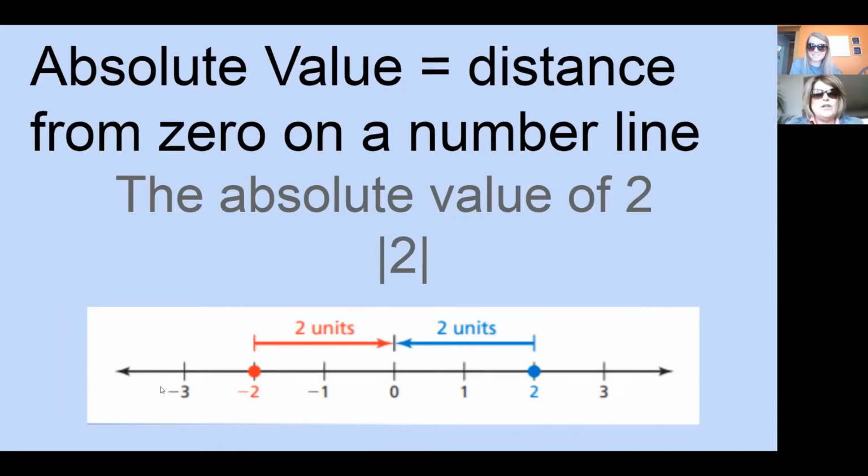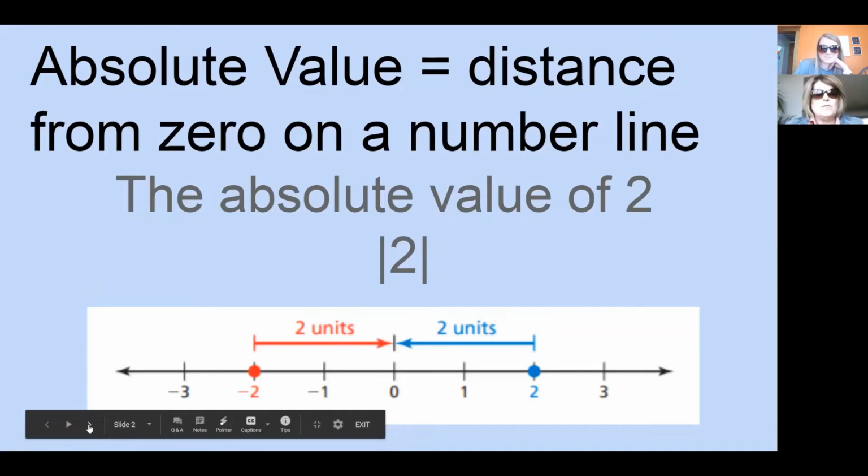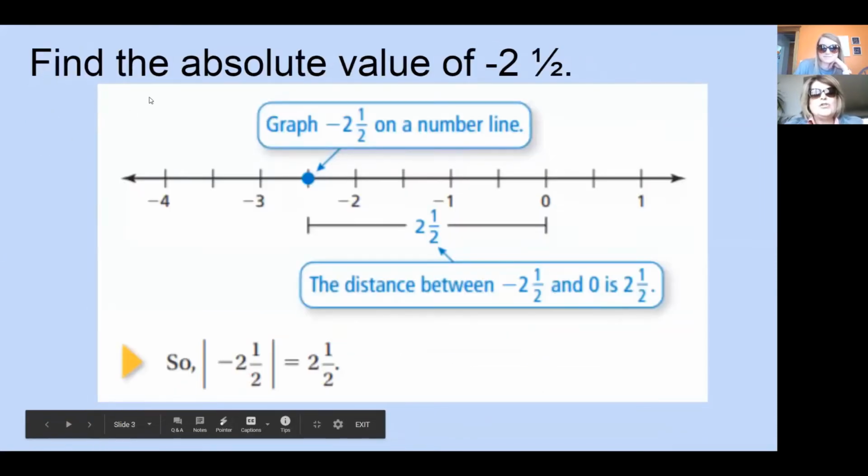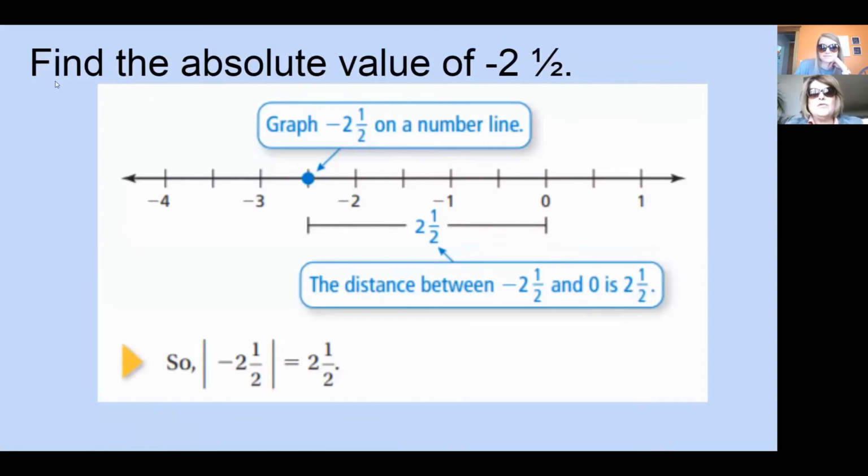Let's try it with another problem because that almost seems too easy. Here I have a number line and the problem says find the absolute value of a negative 2.5. I am putting my cursor at 0, and I'm graphing a negative 2.5, and I counted by half. So there's a negative half, negative 1, negative 1.5, negative 2, and there is negative 2.5.